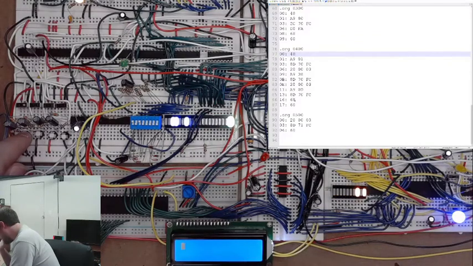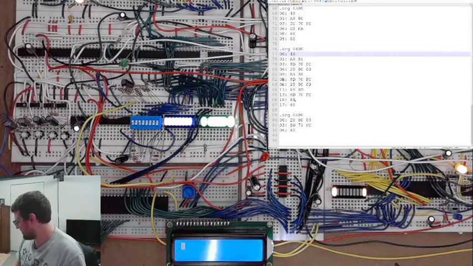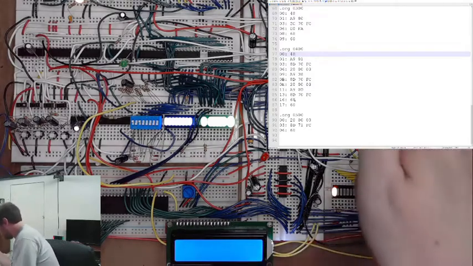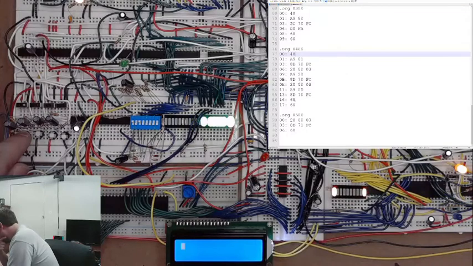It should jump there. What is it doing? It says jump to 0?